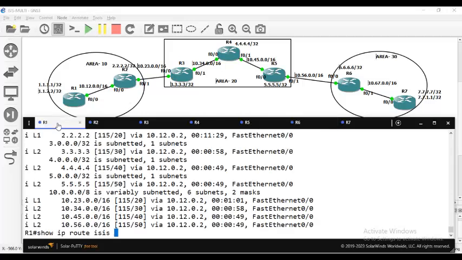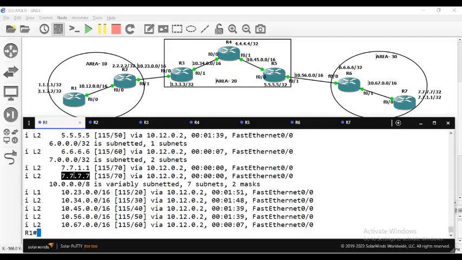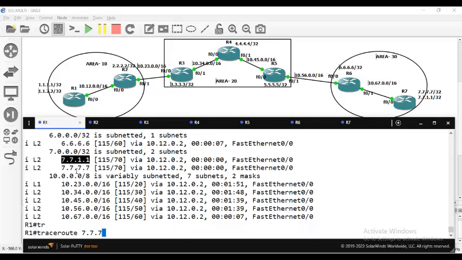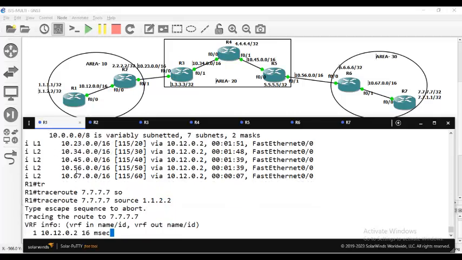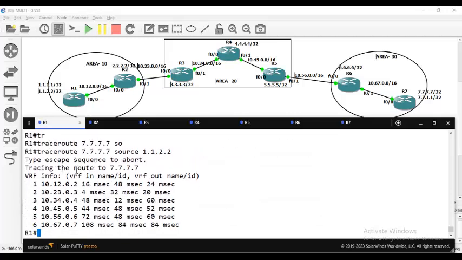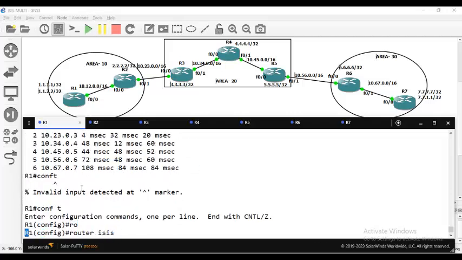Let us now make R1 only L1. How to do that? Router ISIS ABC, this is what I give, and I say IS type level 1 only. Okay, that's it. The default is level 1 and level 2. I made this level 1.